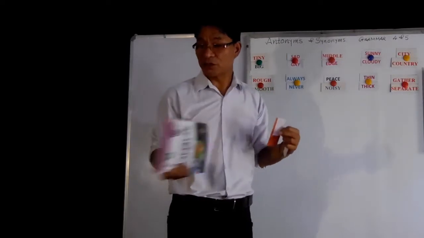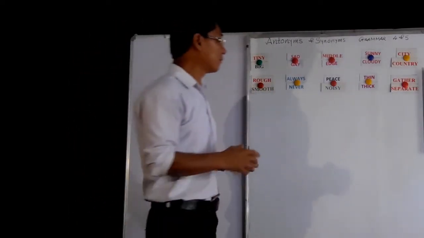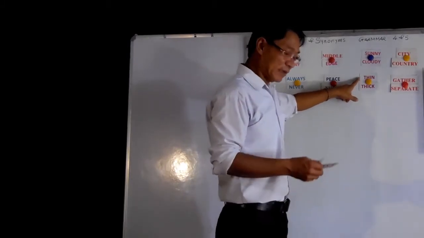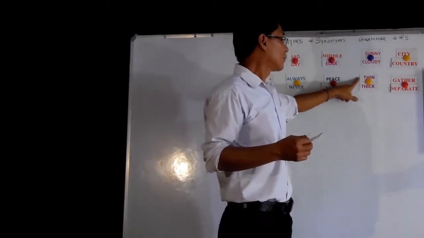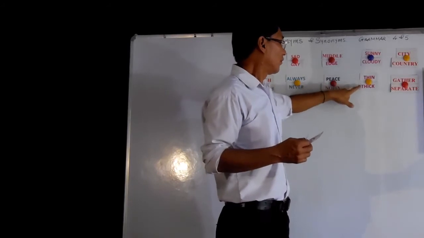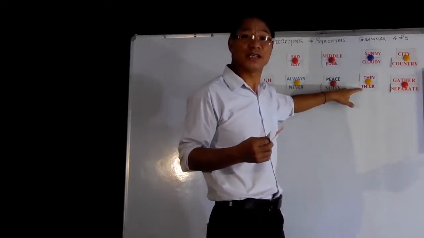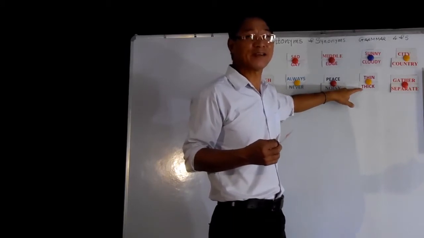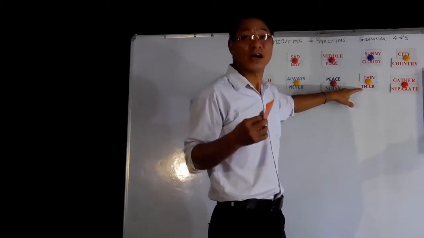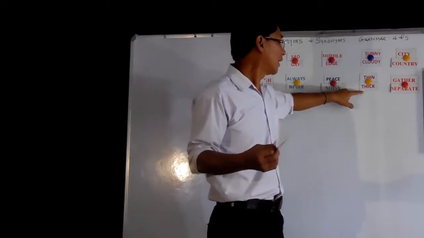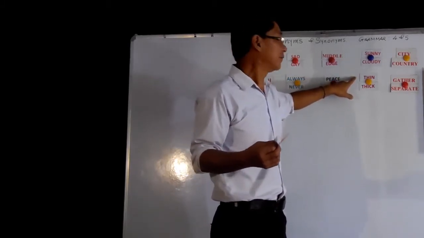So listen to the pronunciation. Thick and thin is very important. See, we cannot say thick boy. We can say fat boy. A lot of people have a confusion here. We cannot say the boy is very thick. It's wrong. We always say that what? The book is thick and the boy is thin.